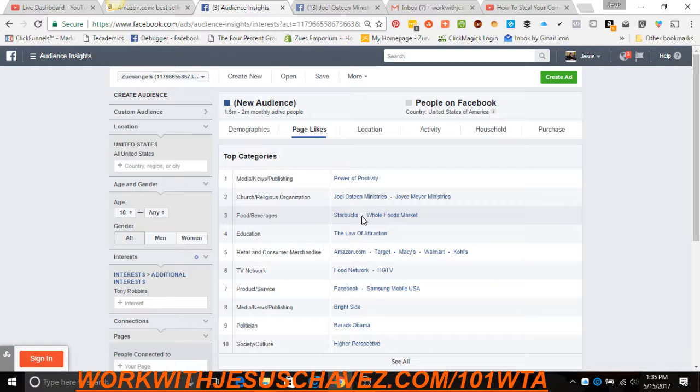I believe at the current time, it's between 30 to 40,000 likes in order for that person to have the data that Facebook requires to put them in this category here. So if you don't find that person, don't worry. There's another way that you can also get more information on audiences like this.